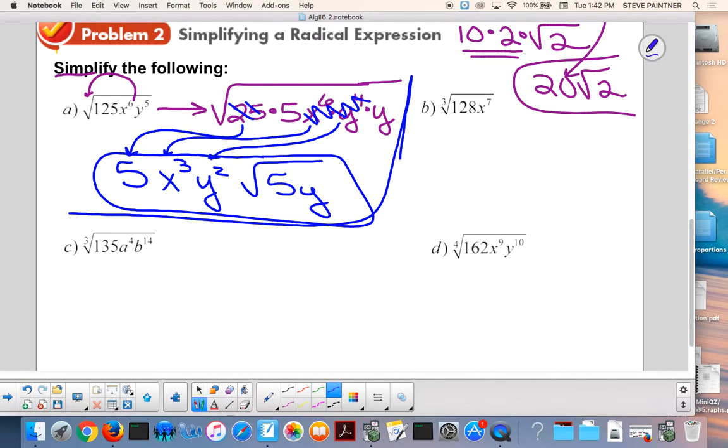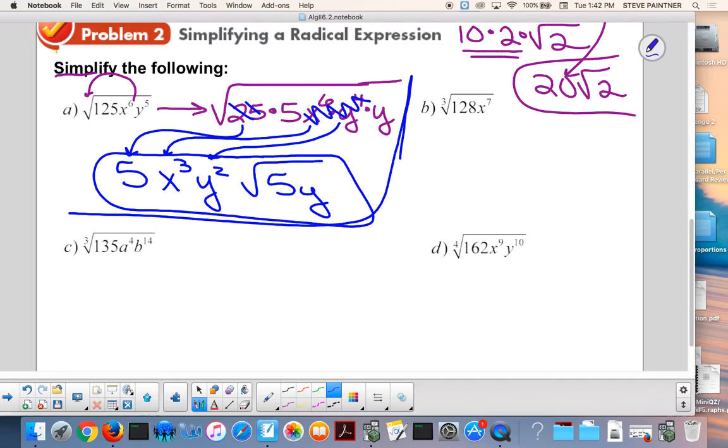Guys, this is the hard part. The hard part is you have to shift gears. In your mind, you're doing cube roots. Is 128 a perfect cube? No. So you got to break it up. Well, go below 125. What goes into 128 evenly? 64 times 2.